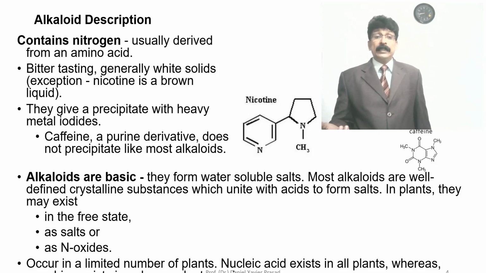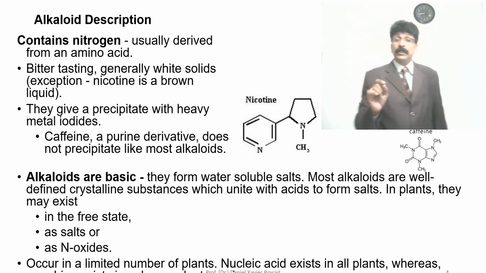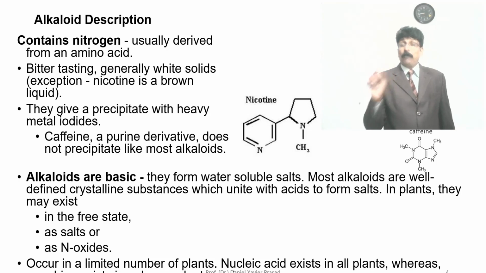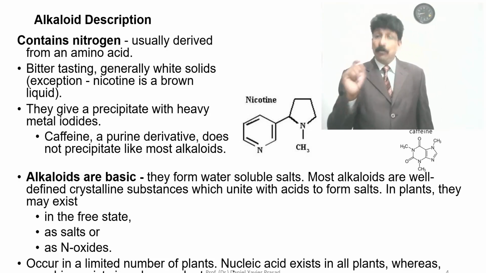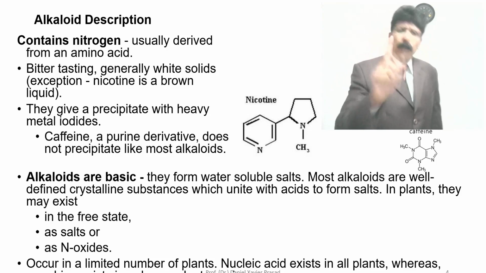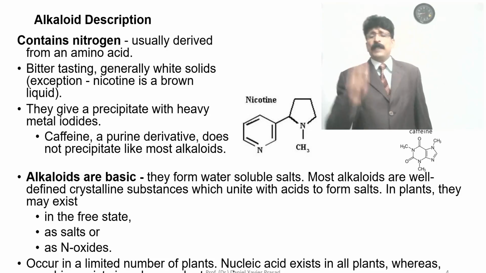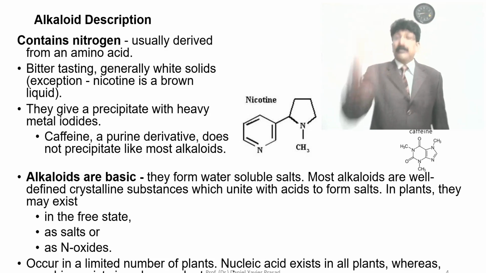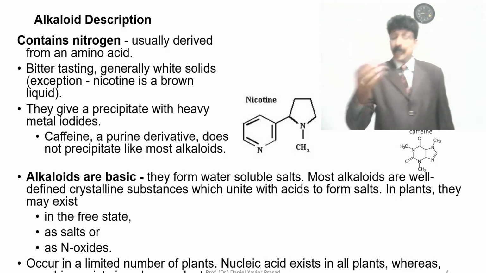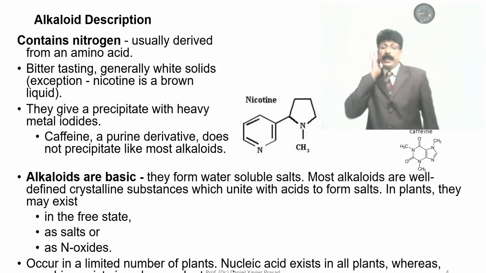Alkaloids occur in a limited number of plants. Nucleic acid exists in all plants, but alkaloids occur in very few plants, whereas morphine exists in only one plant species. Why do we want to specify that? Sometimes alkaloids are present in different species within the same family, like atropine. Hyoscyamine and atropine are present in the Solanaceae family: belladonna, datura.